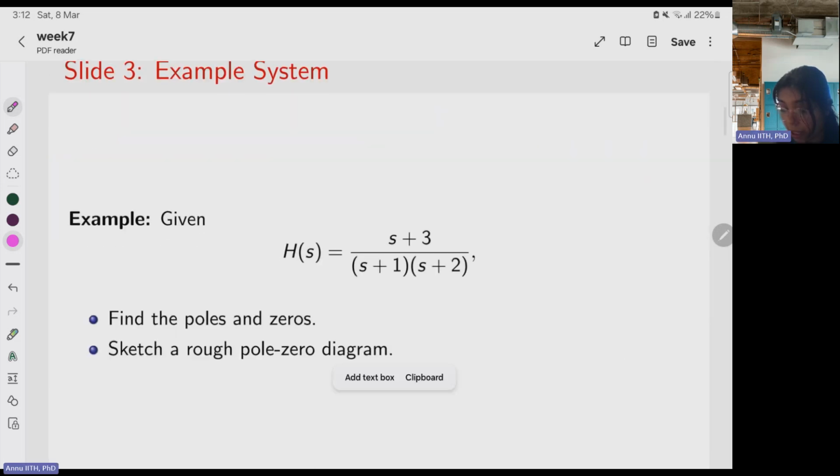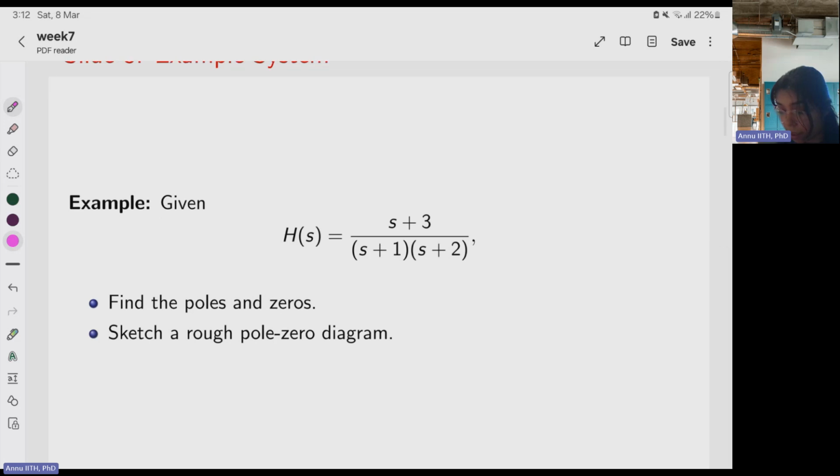So if we need to find the pole-zero diagram in this case, how will it look? s is equal to minus 3 is a zero. So let us say here, minus 3. s is equal to sigma plus j omega, and the j omega term is 0 here.